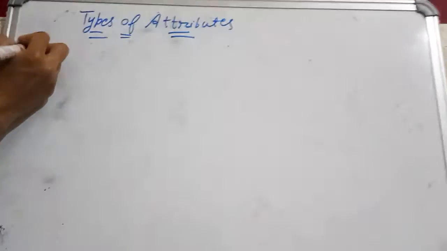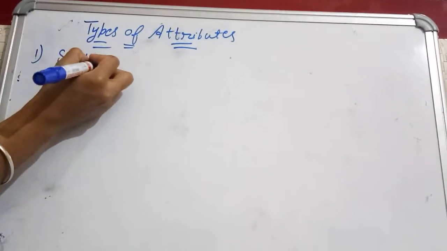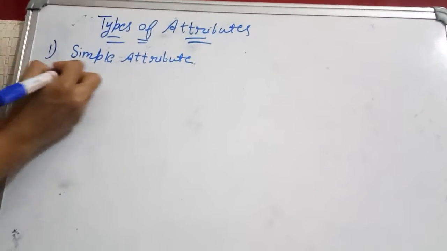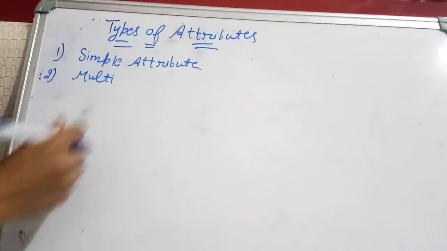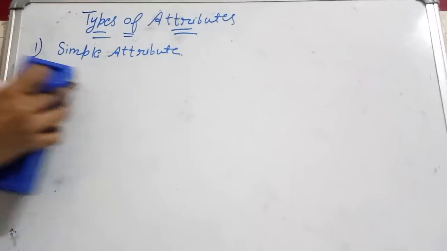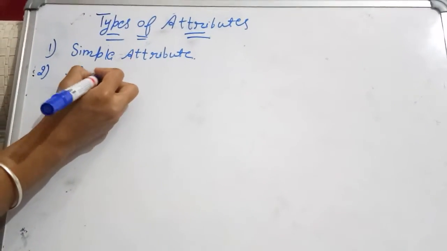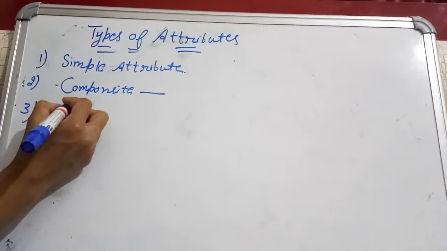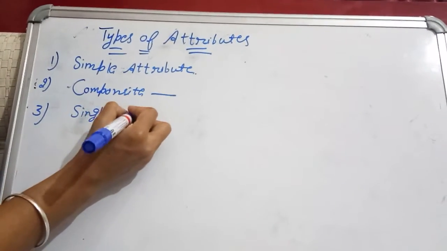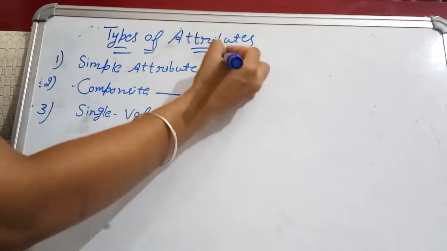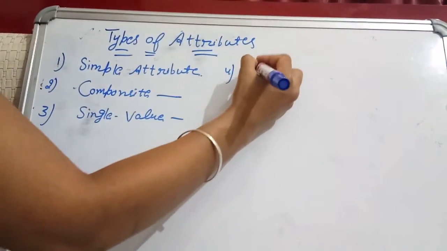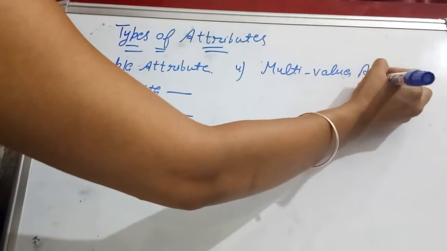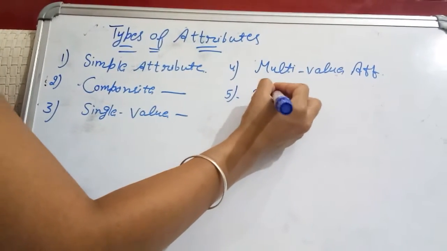Now types of attributes: first is simple attribute, second is composite attribute, third is single valued attribute, fourth is multi-valued attribute, and fifth is derived attribute.